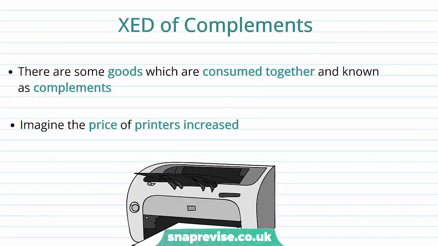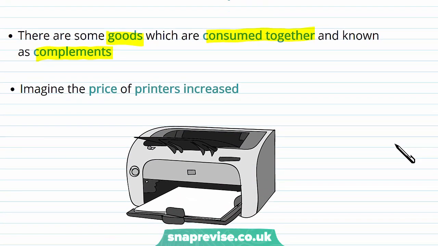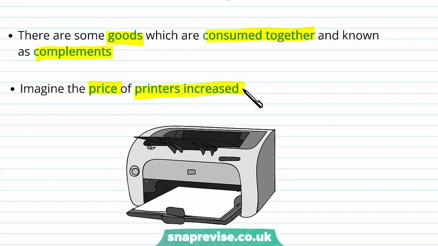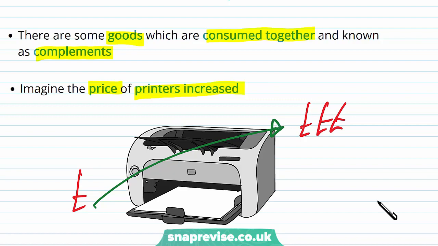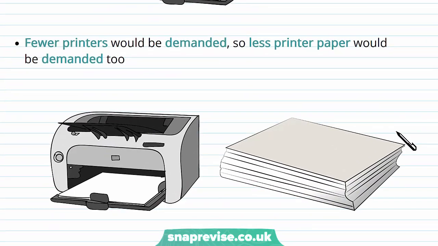On the other hand, there are goods which are consumed together, and these kinds of goods are known as complements. So imagine that the price of printers has increased. It used to be really low, however, now it's going to be really high as a result of some kind of movement in the market, and this is going to affect a complementary good for a printer.